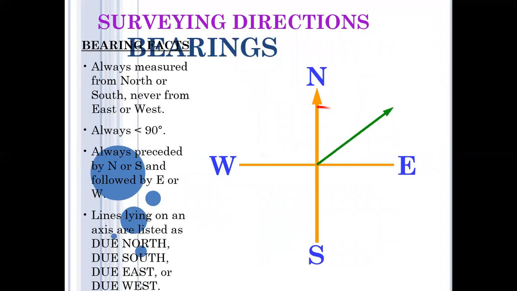Our bearing is always measured from the north or south, never from east or west, so it is always less than 90. It is always preceded by north or south and followed by east or west. Lines lying on the axis are listed as due north, due south, due east, or due west. For this given figure, this is north 50 degrees east.